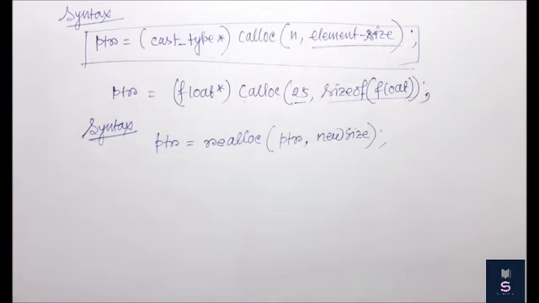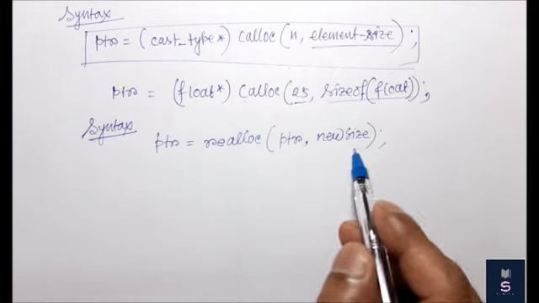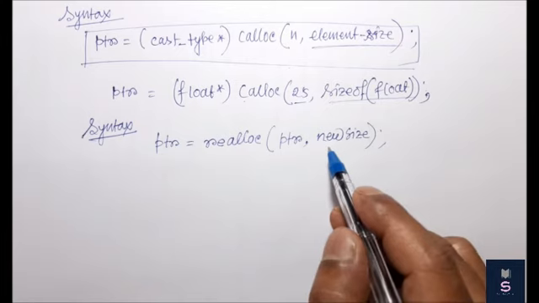Here the first argument is ptr. Ptr is a pointer, right. And the second argument is the new size. That means how many bytes it will be after I modify it. For example, if the size of ptr is changed from 20 bytes to 40 bytes dynamically, here we use the new size.